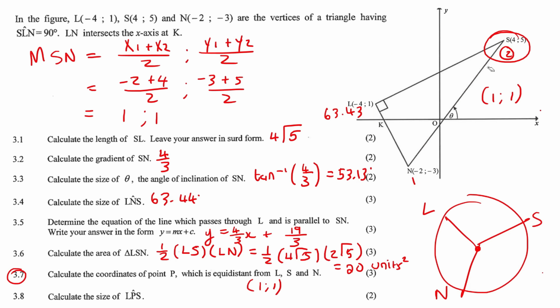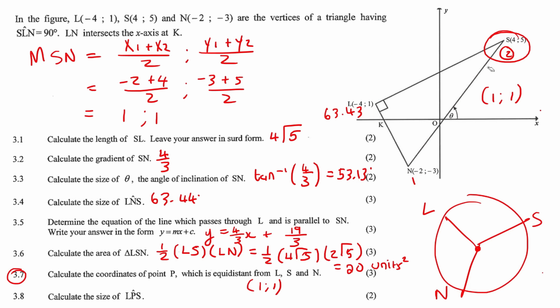We know this is a 90 degree, so then we could easily get that angle up there. So angle S would be 180 minus 63.44 minus 90, and that is because of the sum of angles in a triangle. And so angle S would be 26.56 degrees. So that's this one, 26.56.